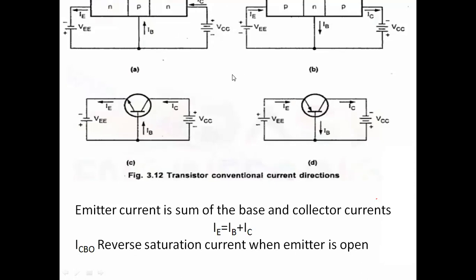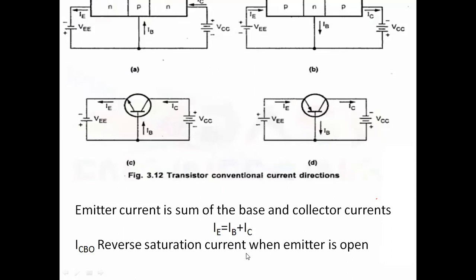Similarly, IC is the current due to the collector and base. So generally we have IE equals IB plus IC. These are the transistor currents. IB is almost small when compared to IC. So that's why IE is approximately equal to IC.